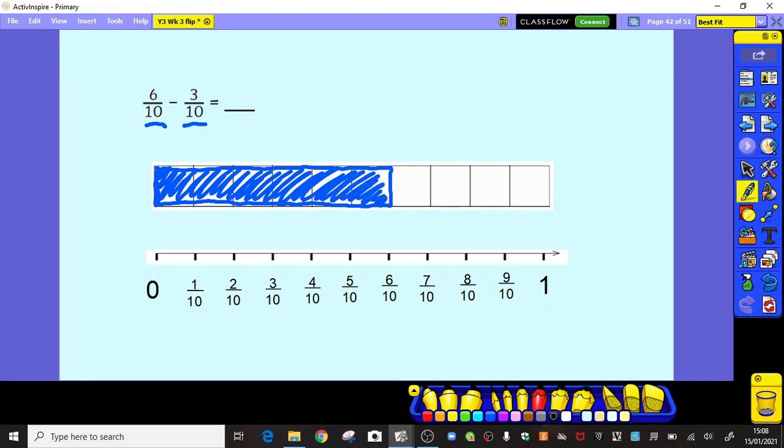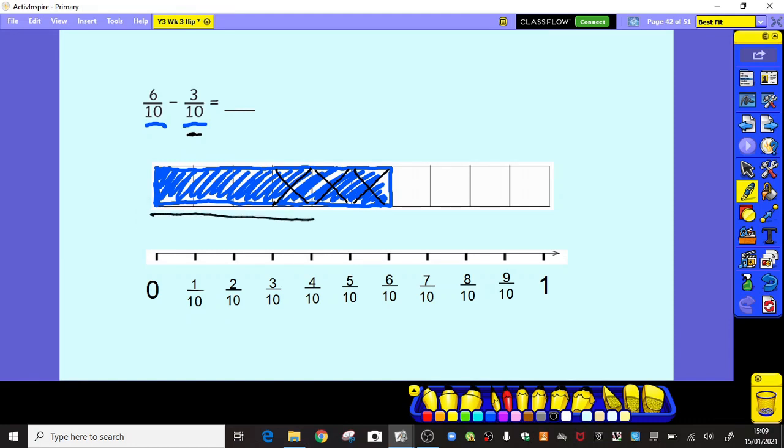Now, I need to take away 3/10. But how can I show that when I've already shaded them in? Well, what I'm going to do is cross them out. So that's 1/10 crossed out, 2/10 crossed out, 3/10 crossed out.